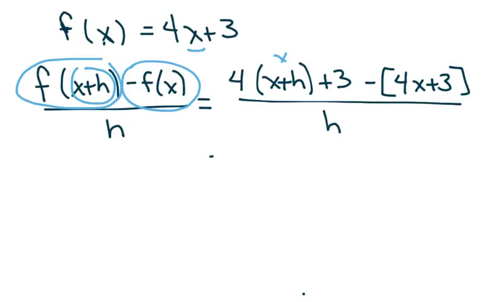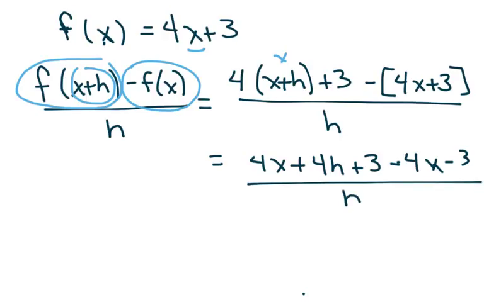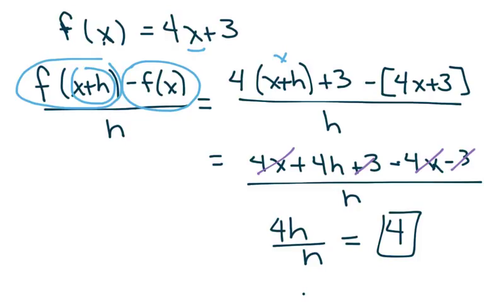Now all you're going to do is simplify the numerator, so you get 4x plus 4h plus 3 minus 4x minus 3 all over h. Now we're going to simplify the numerator, and we're going to get 4h over h, which equals 4. And then box our answers.